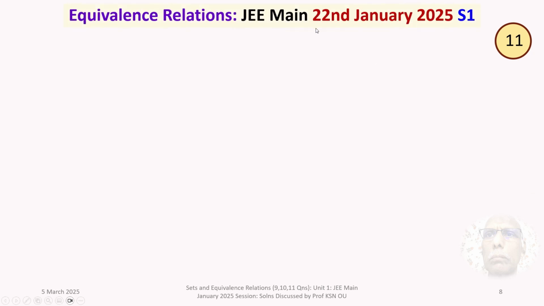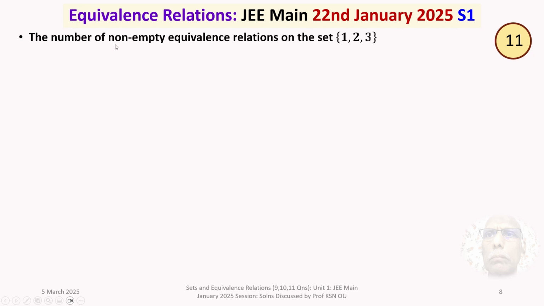Right. This question has appeared in the JEE Main exam held on 22nd January 2025 in the morning shift. It is related to, again, equivalence relations. The given question is: the number of non-empty equivalence relations on the set consisting of 1, 2, 3 is... 4 options are given here, and these are the 4 options.